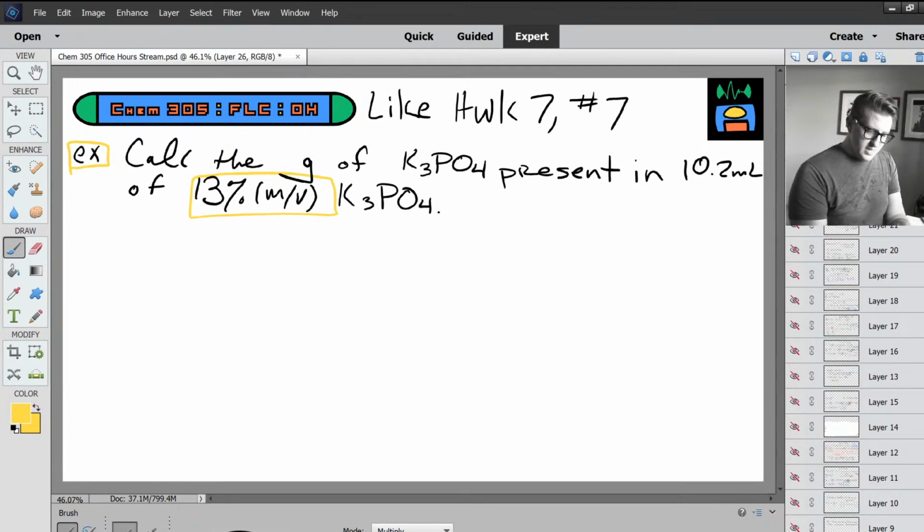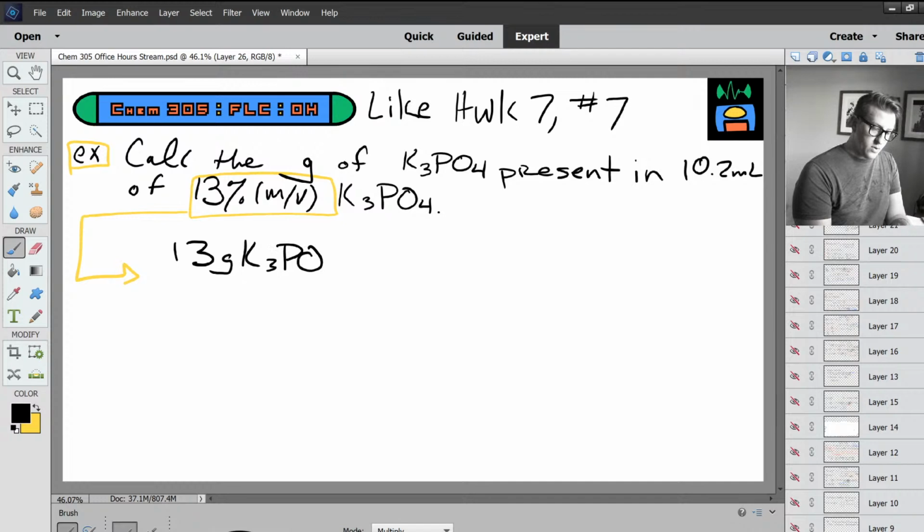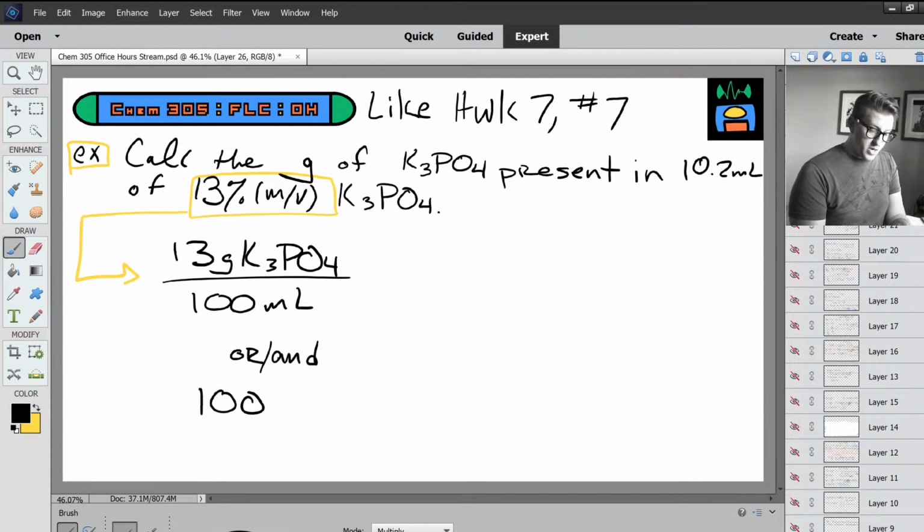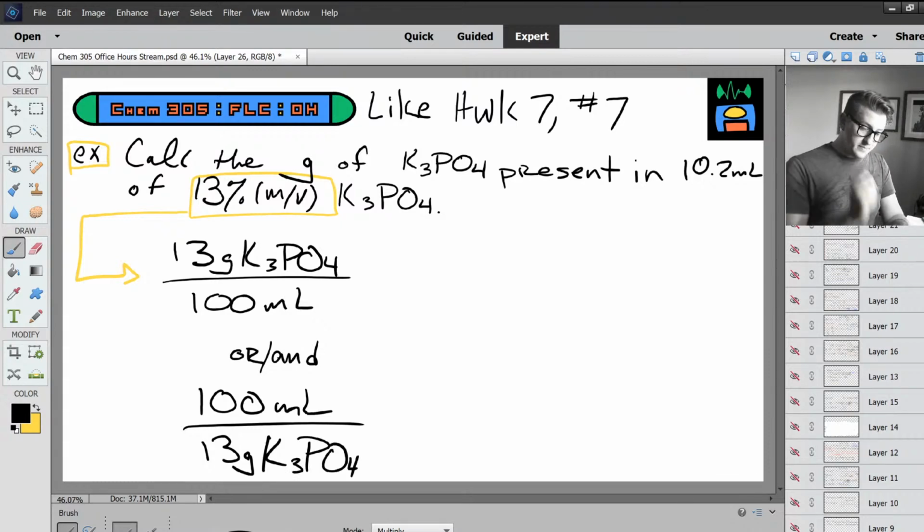This literally means that there are 13 grams of K3PO4 in 100 milliliters of solution, and this also means that for every 100 milliliters of solution, there's 13 grams of K3PO4. You could use the ratio in either way.